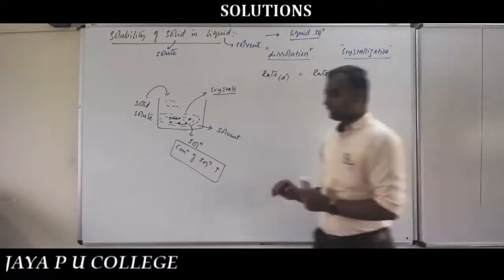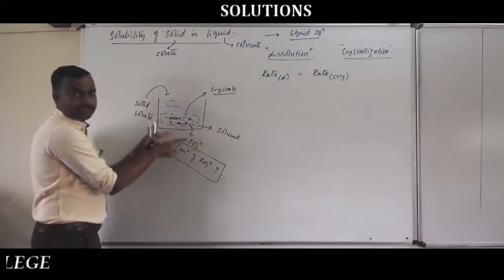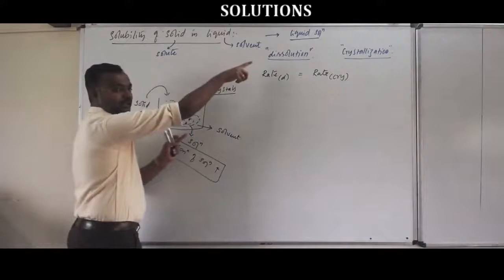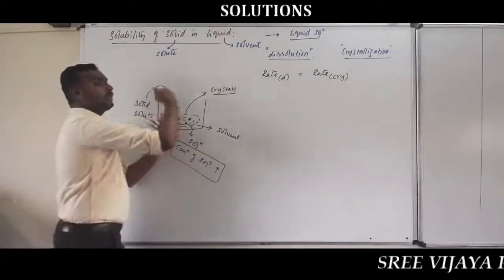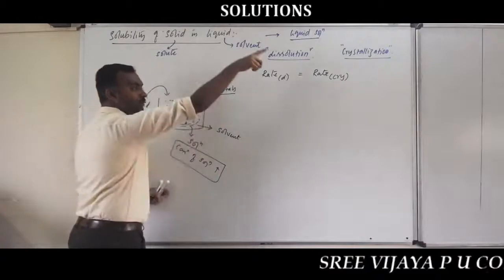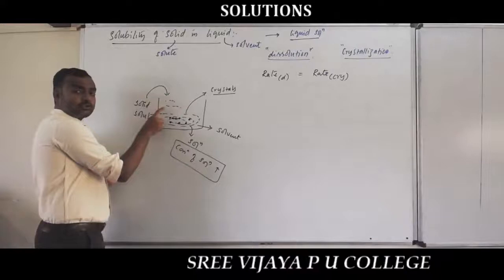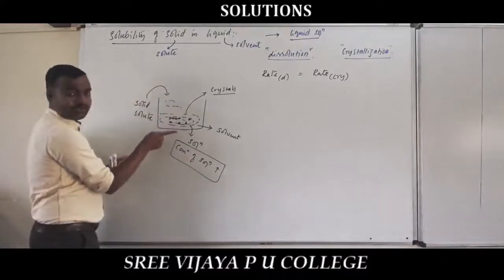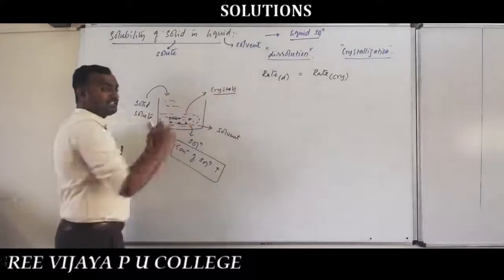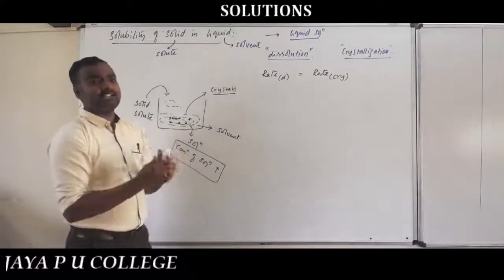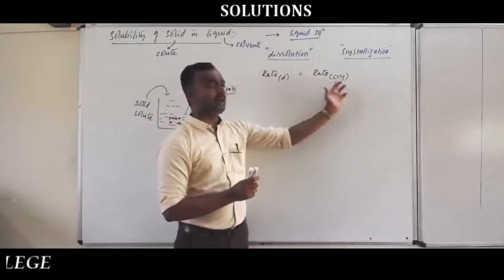It is the solid solute particles entering into the solution. The solute particles already dissolved that come out of the solution is crystallization. When the number of solid solute particles going into the solution and the number of solute particles coming out as crystals, that is, their rates, become the same, we say the rate of dissolution is equal to the rate of crystallization.